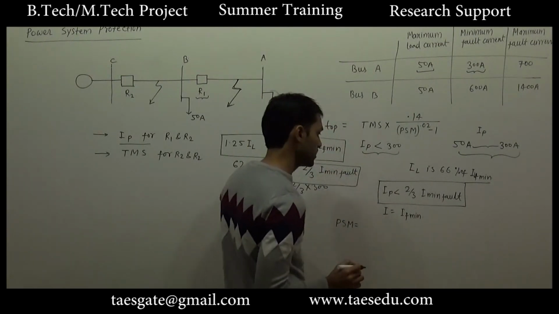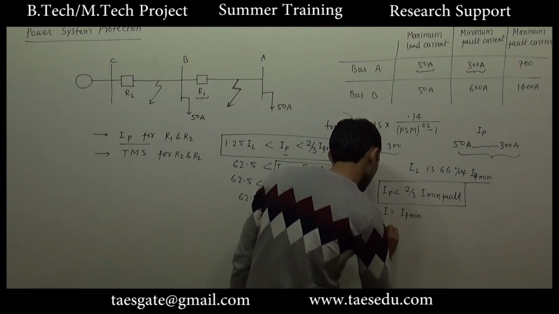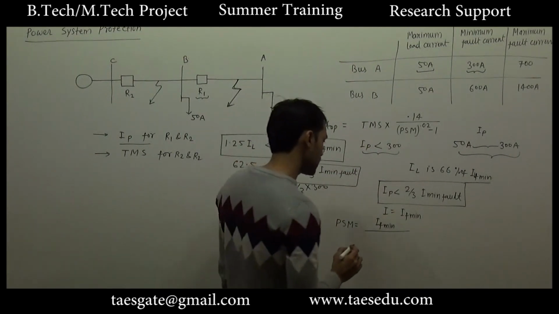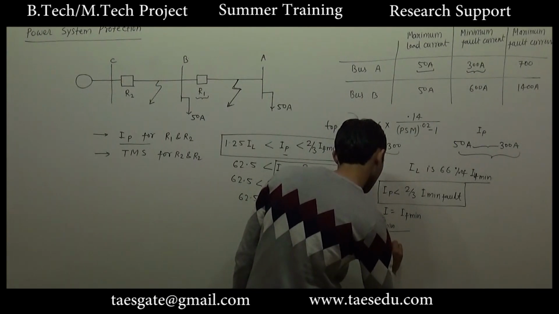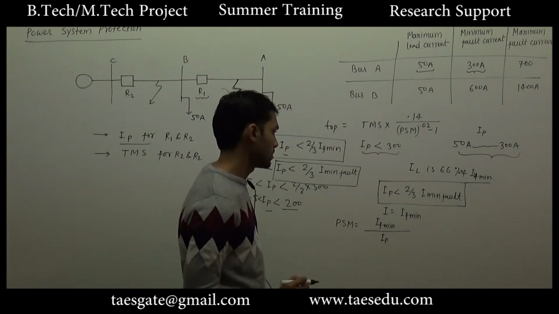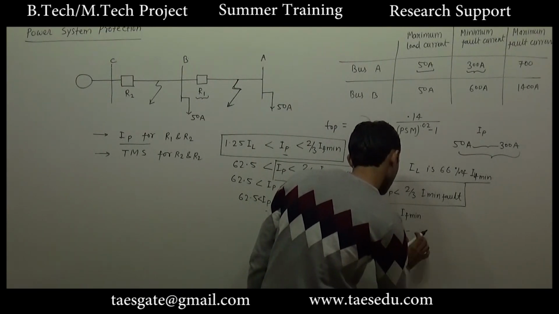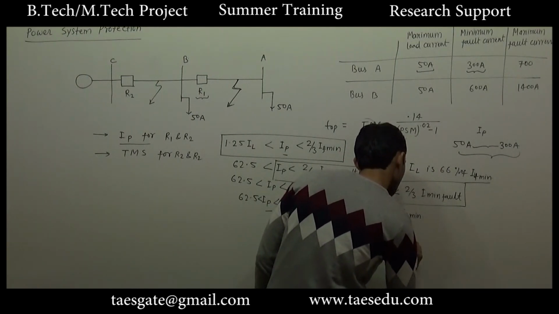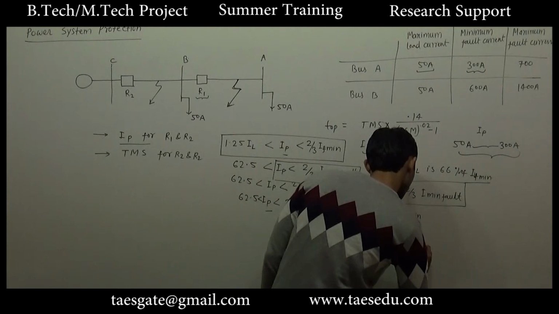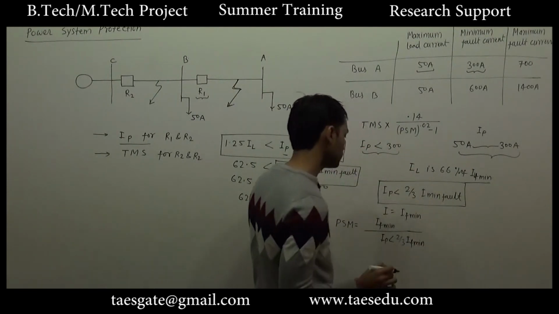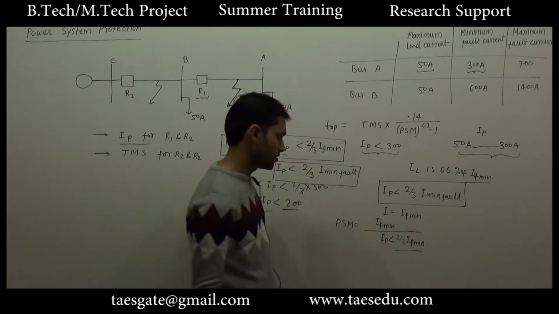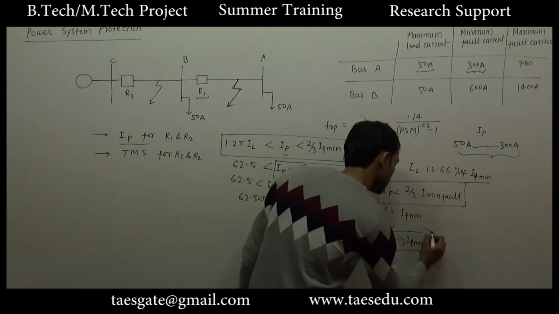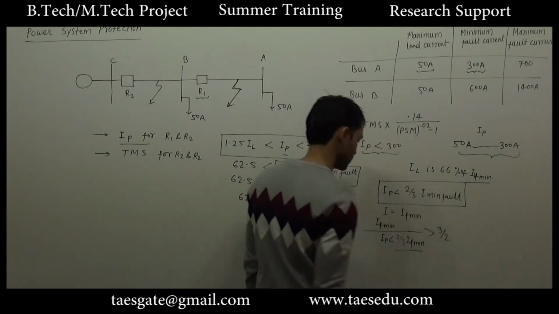Plug setting multiplier will be the actual fault current, that is IF minimum, divided by IP, which is less than 2 by 3 of minimum fault current. So if this quantity is less than 2 by 3 of minimum fault current, PSM will be, this quantity will surely be greater than 3 by 2.